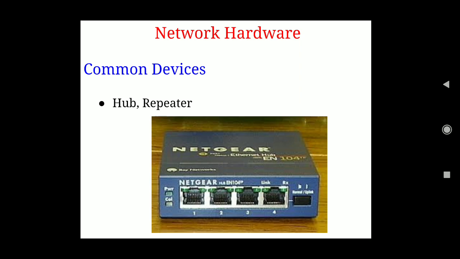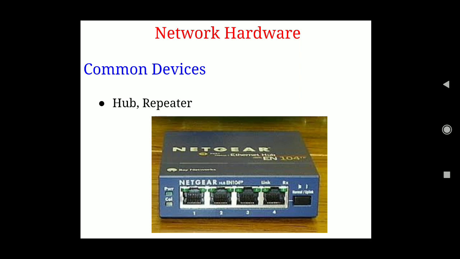The diagram shows a particular hub from the company Netgear, and there are various ports. These are the RJ45 ports, out of which the rightmost one, shown with the name link, is used to connect the hub to other networks.